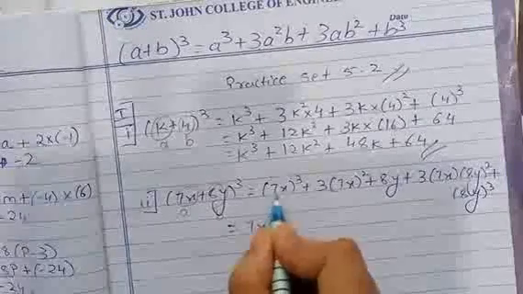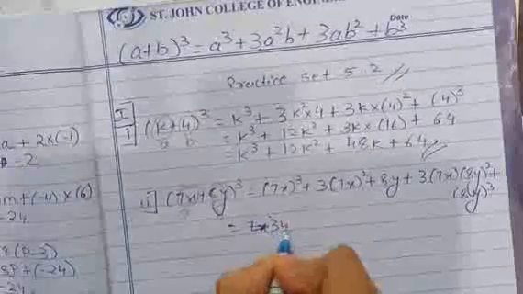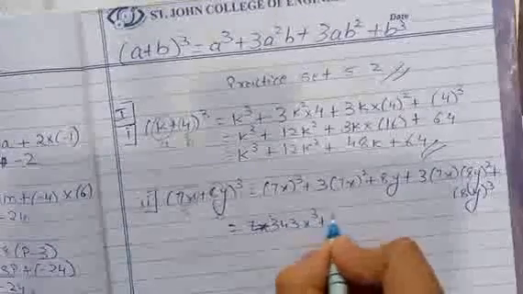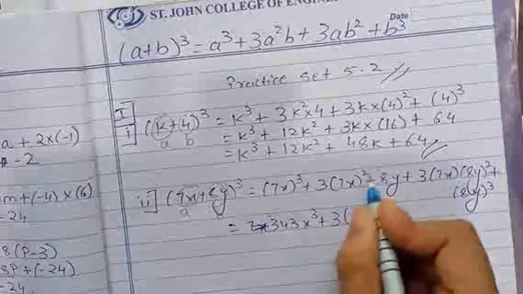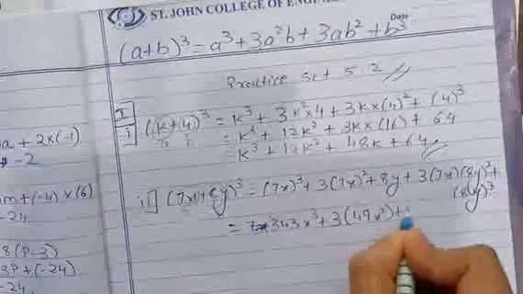Yes, so we have to do 7 cube also. What was 7 cube? 343, and x cube will remain x cube, plus 3 into 7 square, that is 7 square is 49x square, plus 8y.